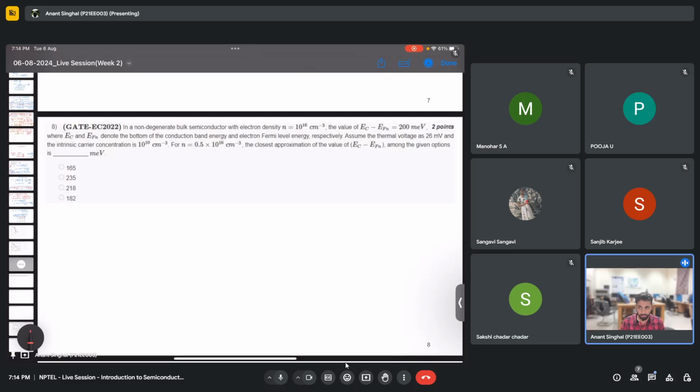Please write in the chat box quickly. See, I cannot just wait for your typing every time. I'll stop asking from the next time and just solve the problems. There will be no benefit if you're not understanding them. So please type in the chat box. Do you want to solve it?